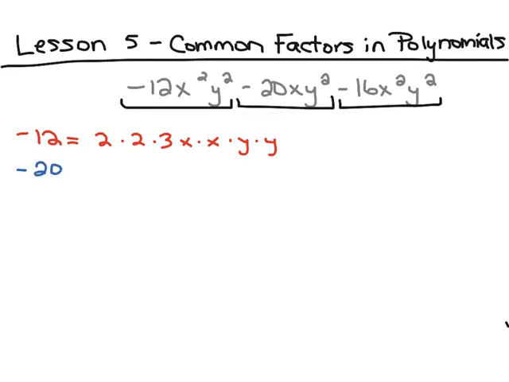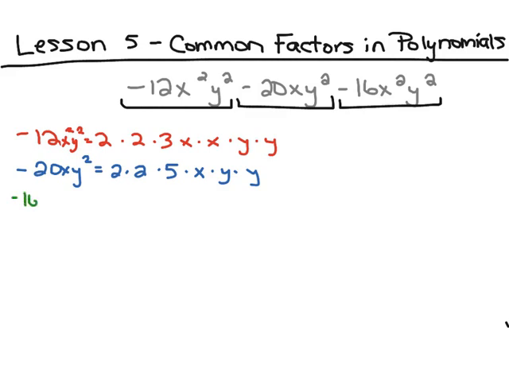Negative 20. Oops, I guess I could write the whole term. X squared, y squared. Negative 20xy squared is the same as 2 times 2 times 5. 2 times 2 is 4, times 5 is 20. We have 1x and 2 y's.